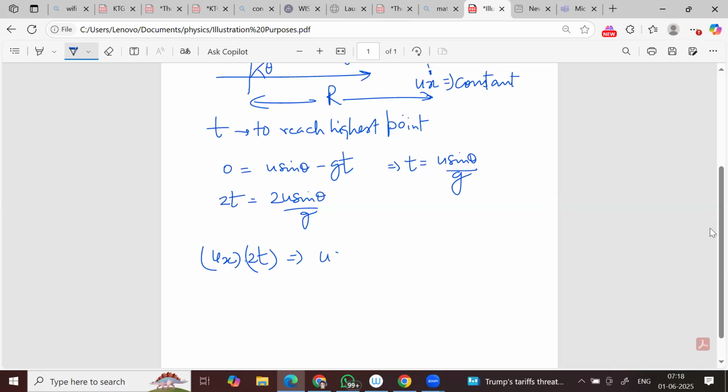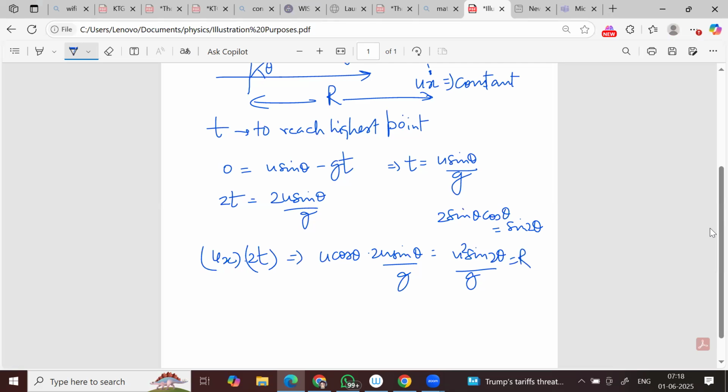And hence, u cosine theta times 2u sine theta upon g. And using the trigonometric identity that 2 sine theta cosine theta equals sine 2 theta, I can get u square sine 2 theta upon g as the range of this projectile.